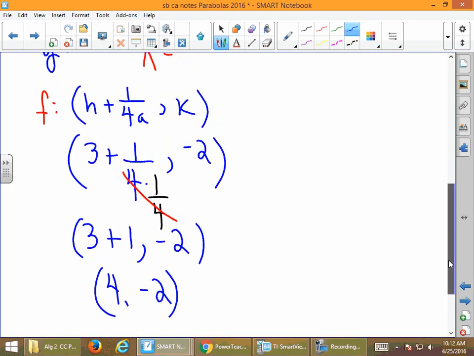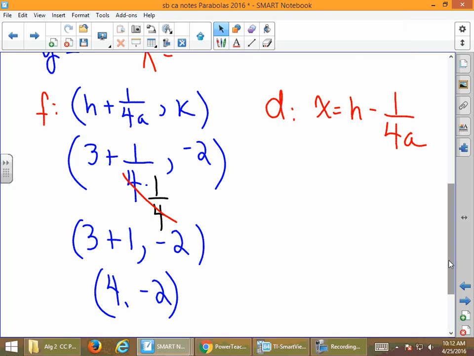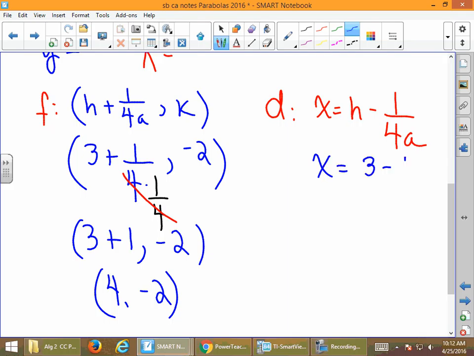But we could also put this into the formula here, our directrix. And our directrix says that it's going to be x equals h minus 1 over 4 times a. So our values aren't going to change much. It's going to be x equals 3 minus 1 over 4 times 1/4. And just like the last time, those 4's cancel out.